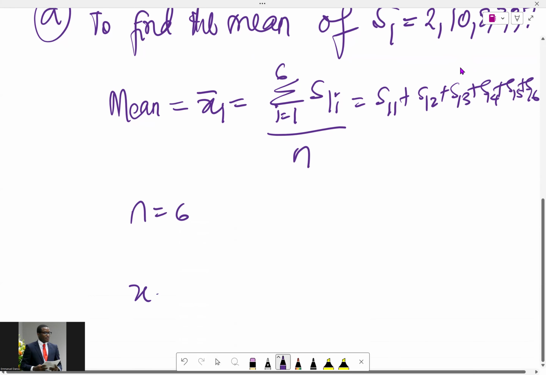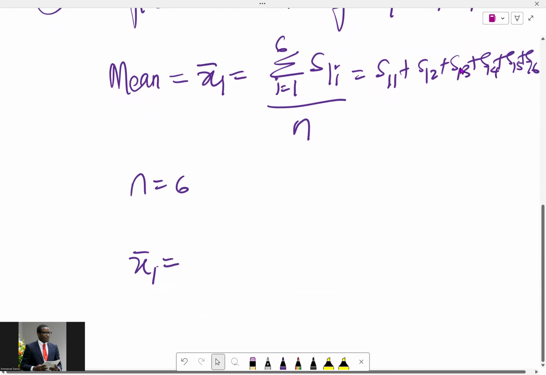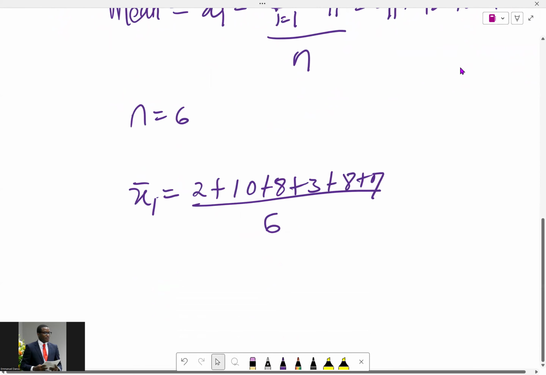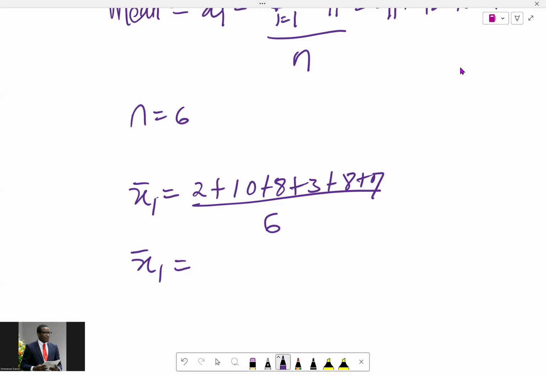So X1 bar would simply be 2 plus 10 plus 8 plus 3 plus 8 plus 7 divided by 6. So X1 bar is equal to 12 plus 8, that's 20, plus 3 is 23, plus 7 is 30, plus 8 is 38.